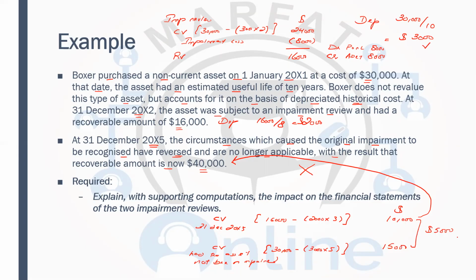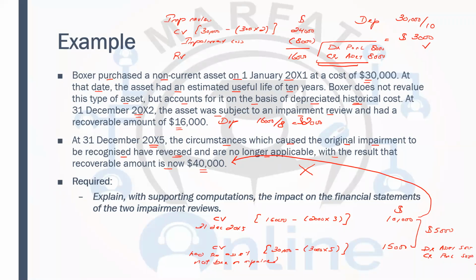You can only take the asset to the amount if there was no impairment. That means the 5,000. Now the problem with this idea is that we originally charged the impairment of 8,000 to the profit and loss. Why are we only reversing 5,000? There should be a reversal of 8,000. We are only reversing debit 5,000 asset, credit profit or loss by 5,000.